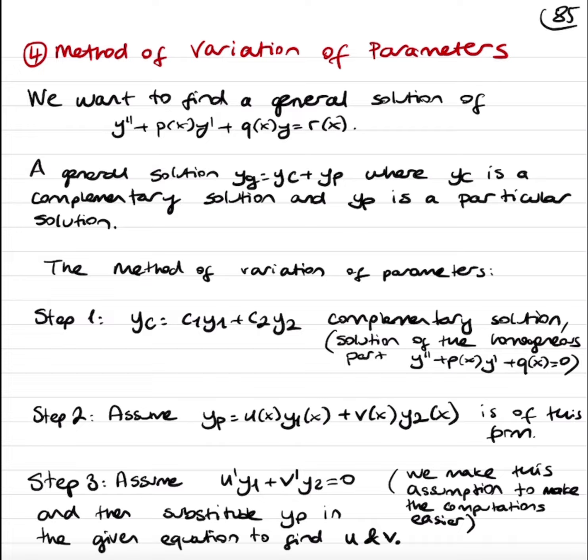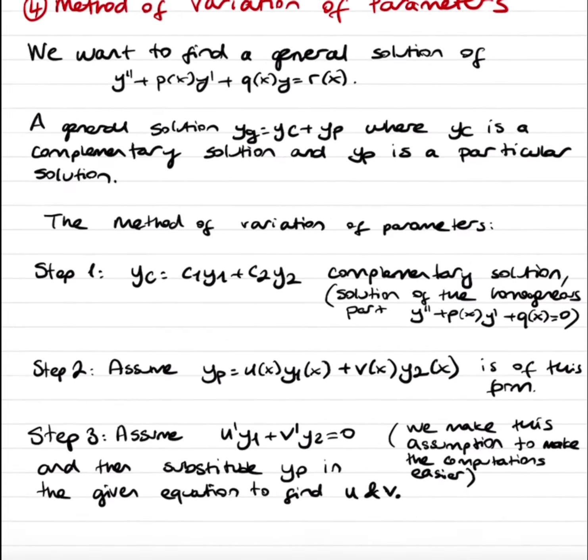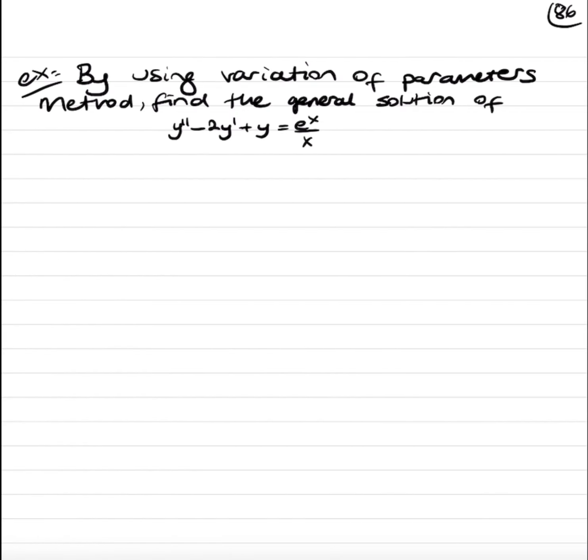Because we are finding one particular solution, finding one solution which satisfies the differential equation is enough, so we can assume such a thing. And then we substitute y particular in the given equation, and we find the functions u and v.